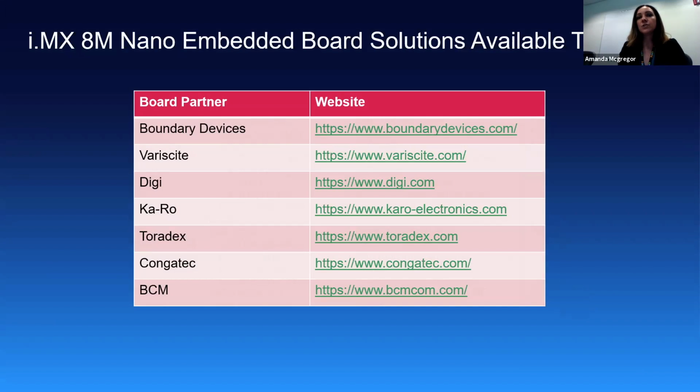They have many solutions on all of our i.MX products. And the links in this presentation will take you directly to the 8M Nano solutions that they have ready and available today. So, you know, if you're looking to build some small quantity of prototypes, this list of partners is a great place to start to build out your product idea.